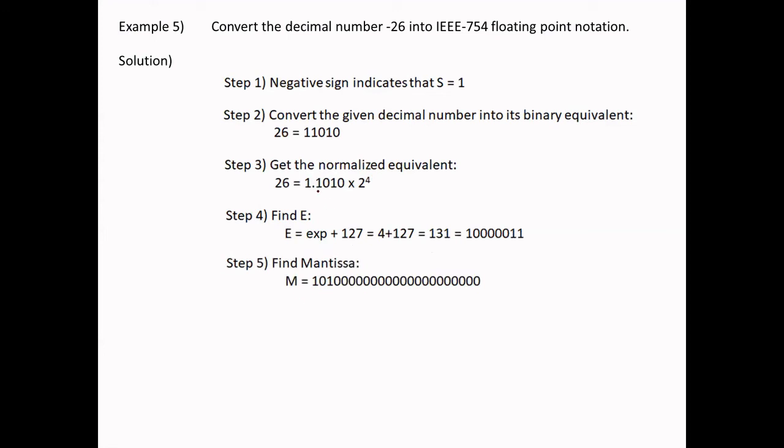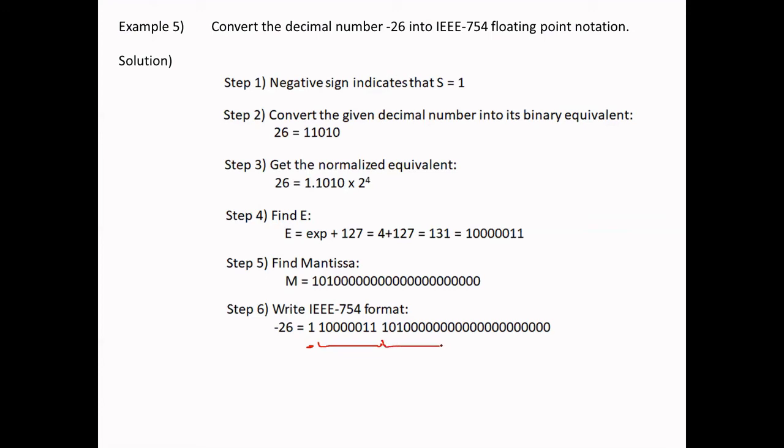Mantissa is available here, 1010, and the remaining zeros we need to put, to make 23 bits. The last step is to write the IEEE 754 format: the sign bit 1, then capital E, the biased exponent, and finally the 23-bit mantissa.